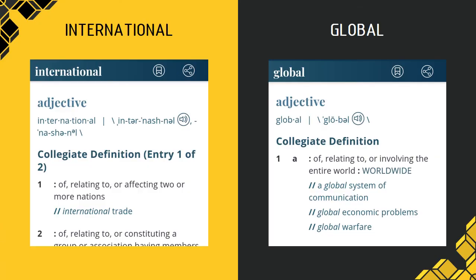Well, if you look at the dictionary, international is more on relating to or affecting two or more countries, whereas global is more on relating to or involving the entire world. So in the coverage or the limitation of these two, the greater range is on the global side.